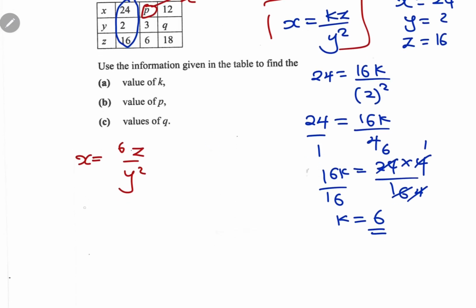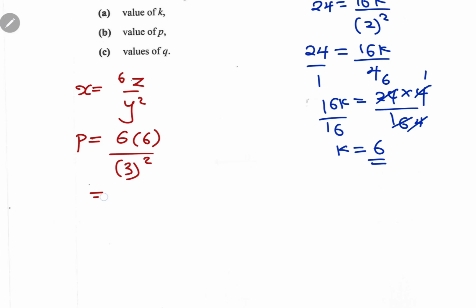So where there is x, we put p. So p is equals to 6. What is the value of z? The value of z here is 6. So multiply 6, divide. What is the value of y? 3. But remember 3 square. So right on top it will be 36, divide 9 at the bottom. And this gives us value of p to be 4. So the value of p is 4. That is for question B.